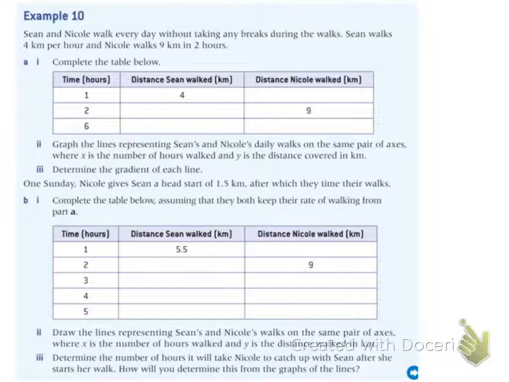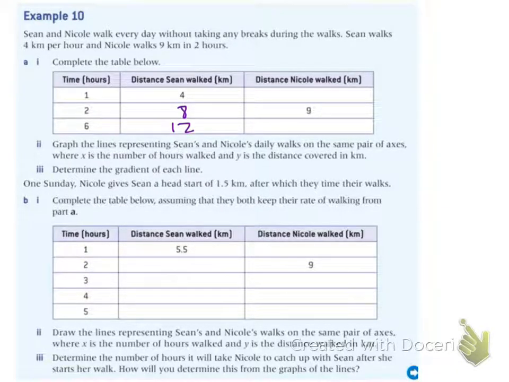Sean and Nicole walk every day without taking any breaks during the walks. Sean walks 4 kilometers per hour and Nicole walks 9 kilometers in 2 hours. So they started filling in the table. They want you to complete it. Well, Sean is 4 per hour, so that's 8 and 12.